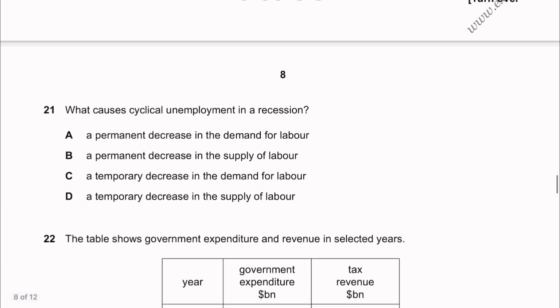Question 21. What causes cyclical unemployment in a recession? Recession is due to a reduction in total demand in an economy. Cyclical unemployment is also due to a reduction in total demand for labor.